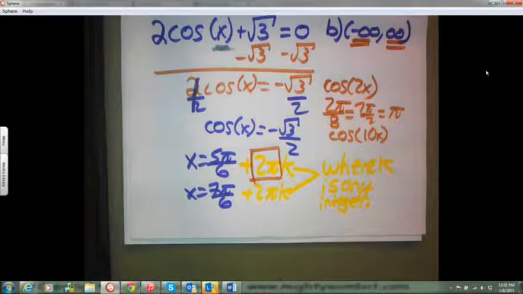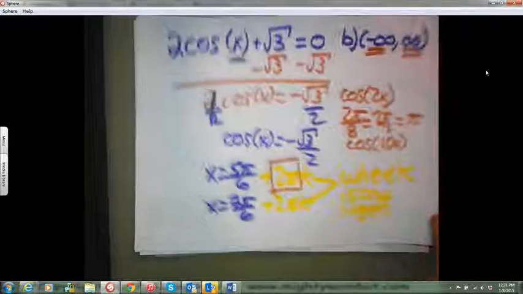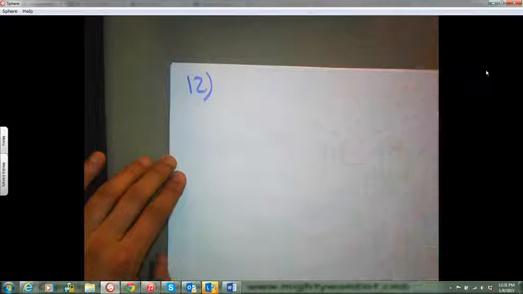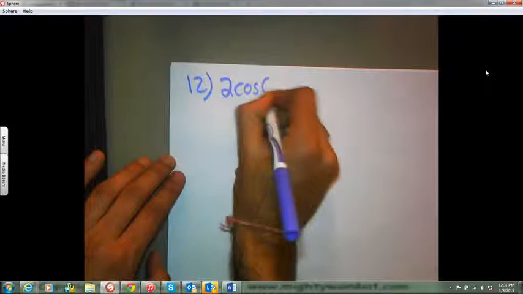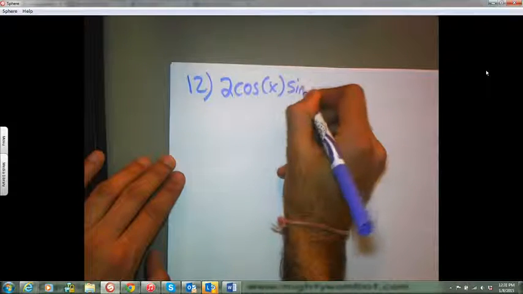Okay. Let's finish up with number 12. So number 12 says, solve the equation 2 cosine of x sine of x equals root 3 cos x.